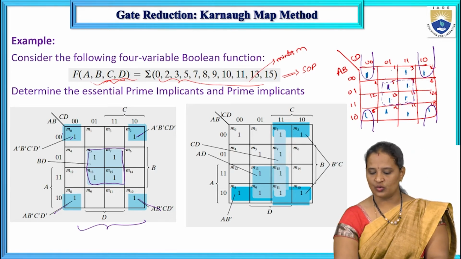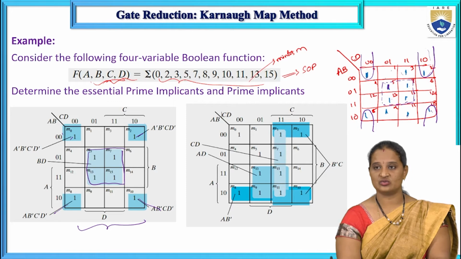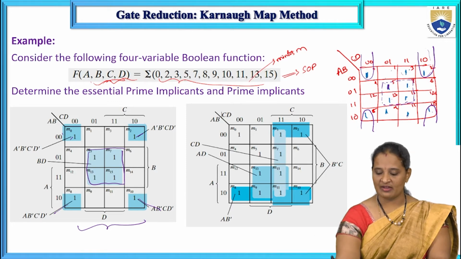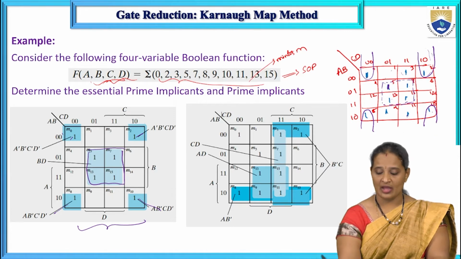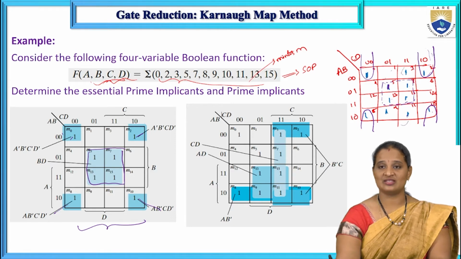Now let us see 2. Can I use this 2 for forming any other group? Yes, I can form one more group with this 2 such that 2 is covered. That is also a quad with these 2 and these 2. So 2 is covered by another group also. And even 3, I can use 2, 3, 11, 10, and I can also form this group such that 3 is covered.